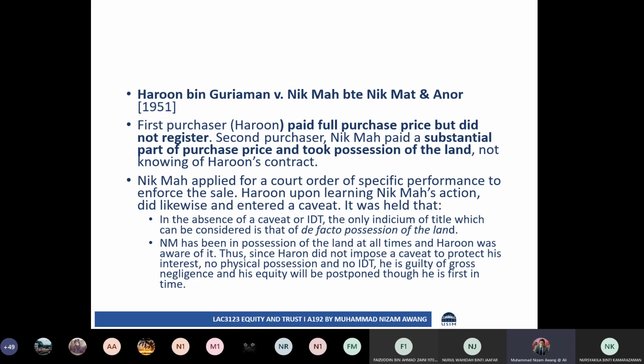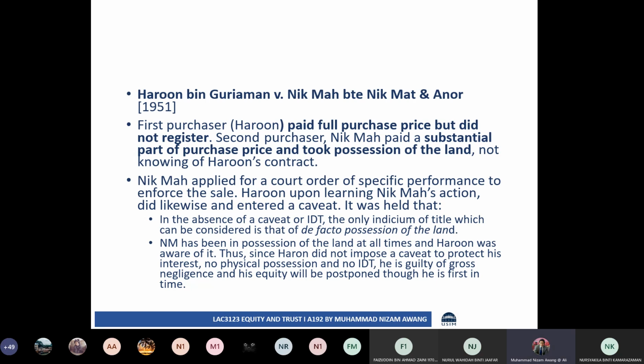Nikmah was a second equitable purchaser. Nikmah had paid a substantial amount for the land and took de facto possession of the land, but she did not know about Harun's contract. So Nikmah applied for specific performance in this case to enforce the sale of the land. Harun knew about Nikmah's action and entered a caveat.